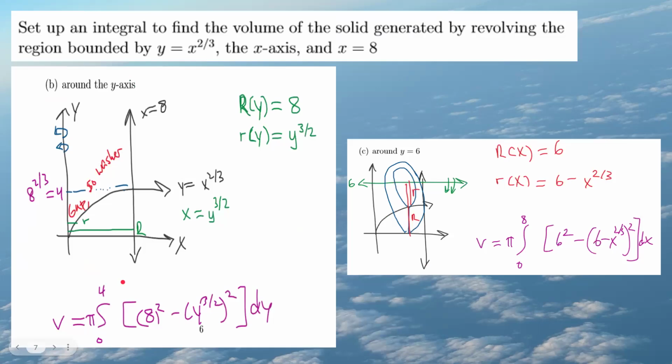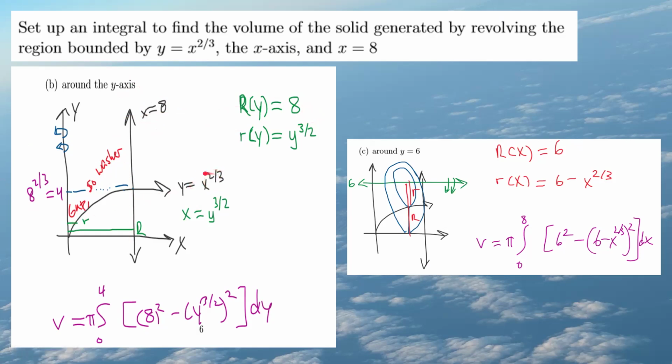This is a different example, but this time we are spinning around the y-axis. This time we have to make the cut perpendicular to the y, so it ends up being horizontal, because anytime we're using the disk or washer method, it's perpendicular. Same thing. So what is big R of y? You go from the y-axis all the way to as far as the shape goes. It ends here. This is the x equals 8 graph, so it's just 8. Then the little r starts here and ends here.